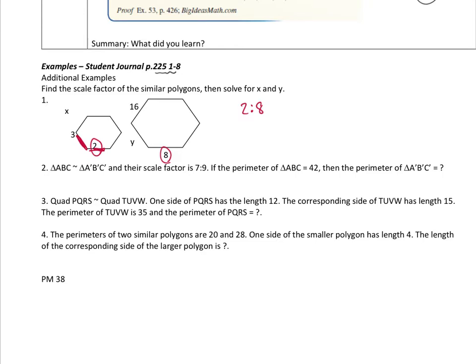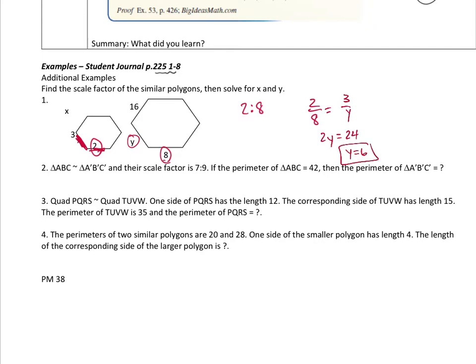And if I wanted to solve for y, I could just say 2 to 8 would equal 3 to y. All right, and we can cross multiply. At this point, 2y equals 24. Y is going to be 6.